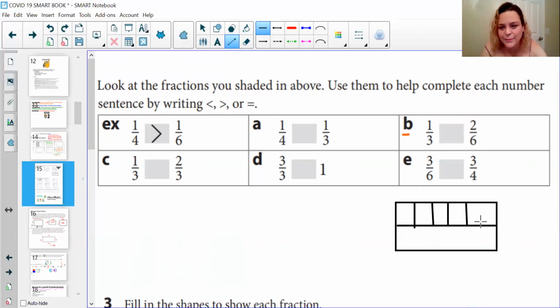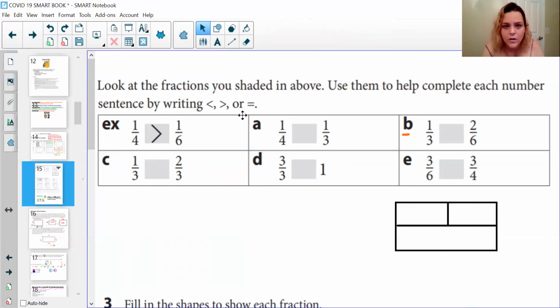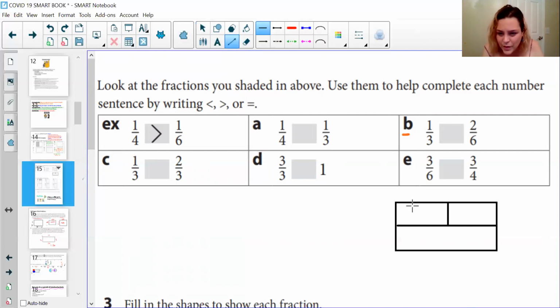I'm gonna try that again. You see how difficult it is? It's very difficult to do even equal parts.